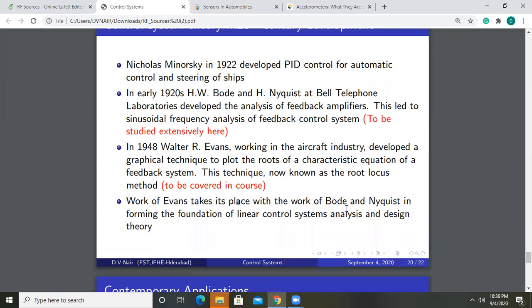So these three techniques would be forming the backbone. A chunk of our course would be dedicated towards these three techniques, which form a very strong foundation in system stability and analysis. So you all should wait patiently for this to be presented while we progress in the course.